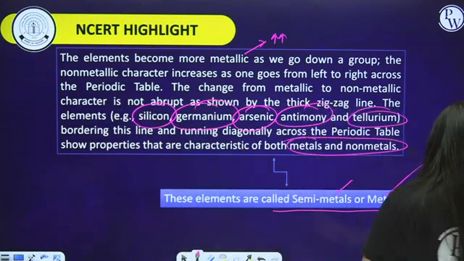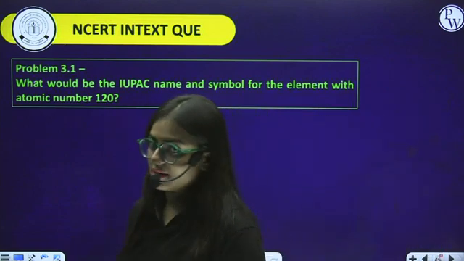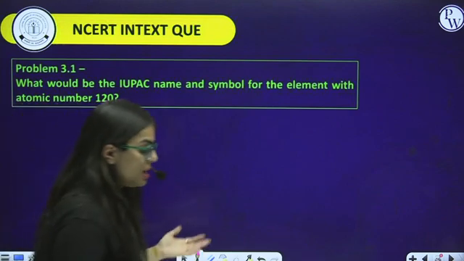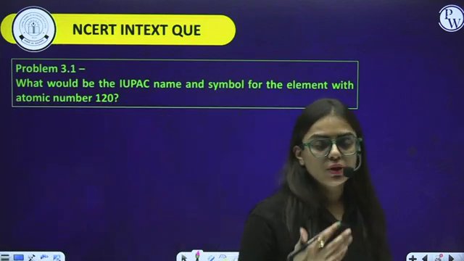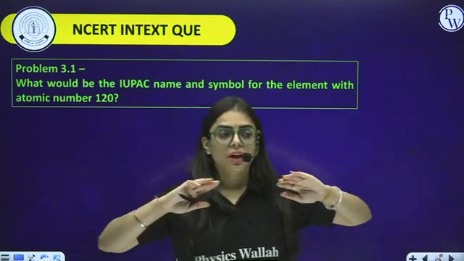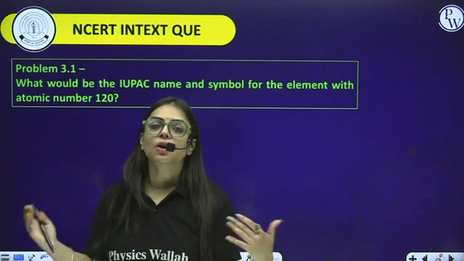Clear, everyone? That's great. Now, students, comes the very first NCERT in-text question. Let us start this. Now comes, what would be the IUPAC name and symbol for the element with atomic number 120? See, I've already told you, students, we will be doing the topics. Now, let me tell you, I'm not taking topics in a larger amount. Why? Because only now you have started your class 11th.